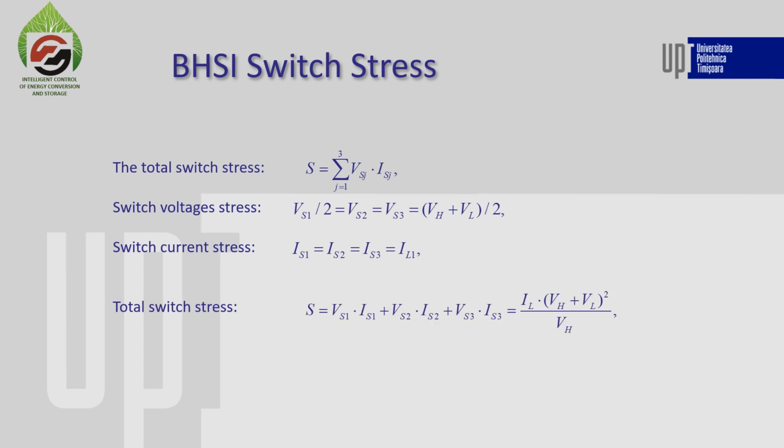And then we can calculate the total switch stress, which results the same as the bidirectional hybrid switched capacitor converter, lower than the conventional buck-boost converter. So even if this topology is different and it operates differently than the bidirectional hybrid switched capacitor converter, it has the same total switch stress.